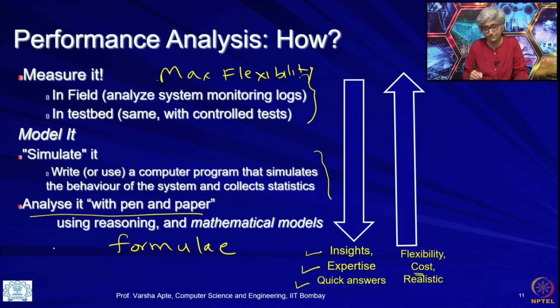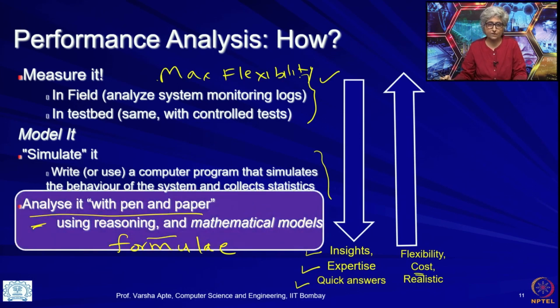And why is there less flexibility with analytical models? It is because analytical models are mathematical, and they need a lot of assumptions. And because mathematical models need to be simple, they will be less realistic. Okay. So, these are the trade-offs of all of these methods.